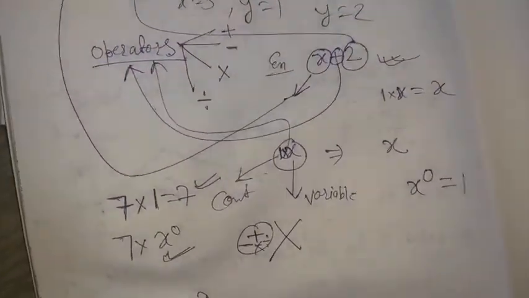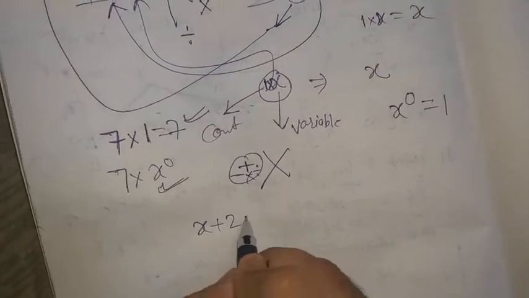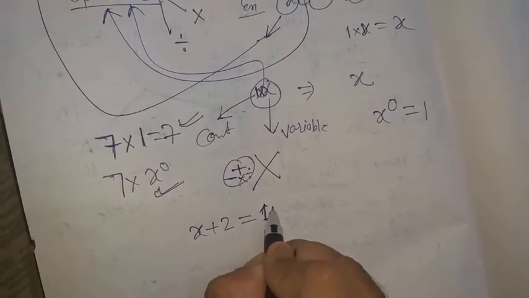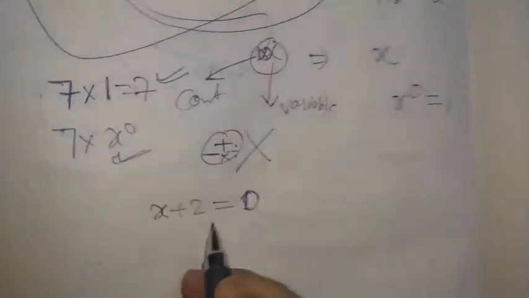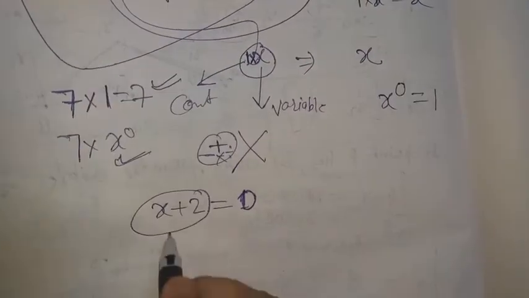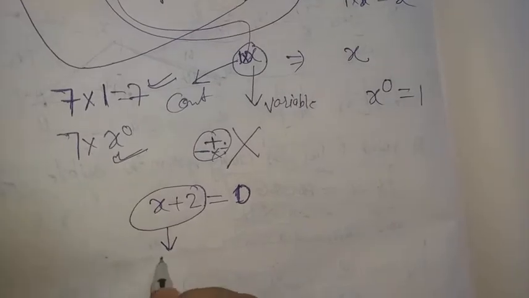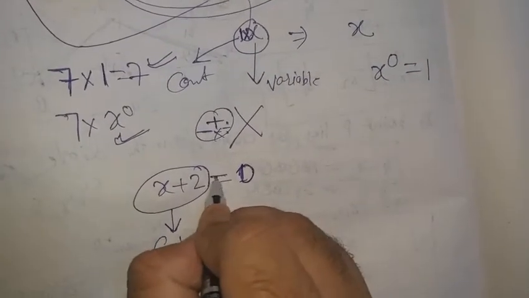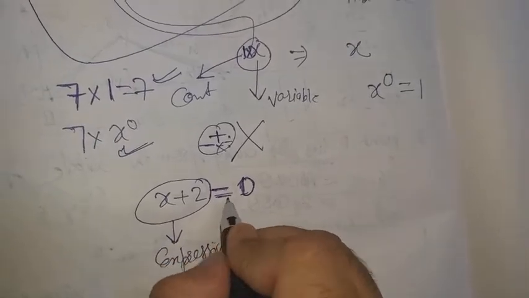So if someone writes x plus 2 is equal to, suppose, 1 or 0, then only x plus 2 is the expression, and when it comes with the equal sign, it becomes an equation.